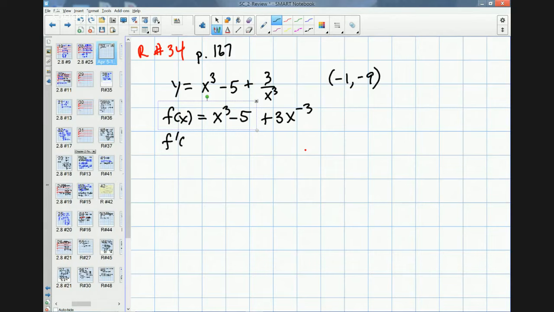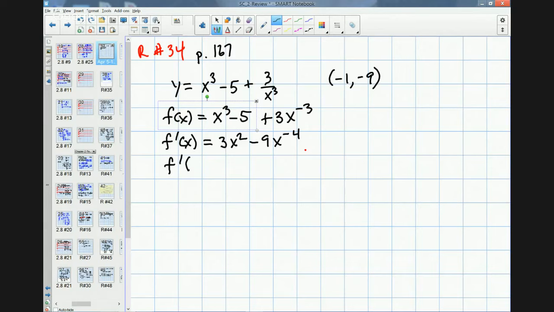So let's find the derivative. Easy derivative, right? Power rule, 3x squared. The derivative of minus 5 is nothing. It's gone. Here we can use the power rule, -9 x to the minus 4, right? You got to reduce the power by 1. So that's the general derivative.